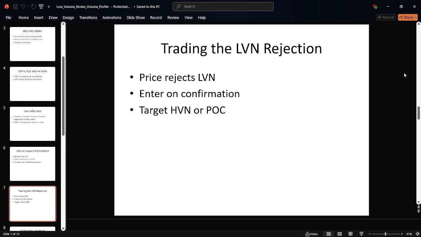So, trading with LVN rejection. Price rejects the LVN, you enter on a confirmation, and target high volume nodes or point of control. Point of control is a high volume node, but it is the highest volume node formed from wherever you pulled the fixed range volume profile. The way the fixed range volume profile works is it takes volume from price versus time.